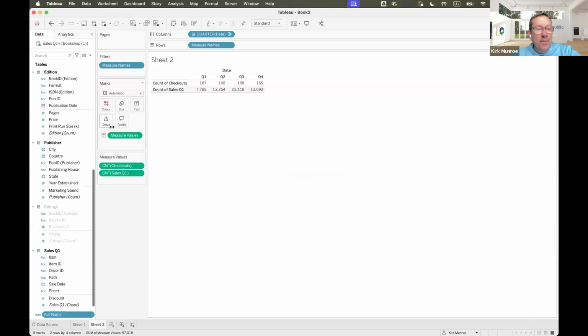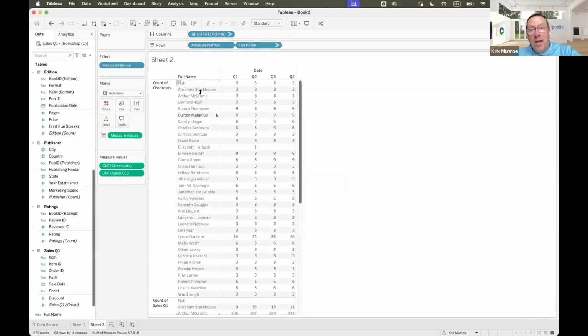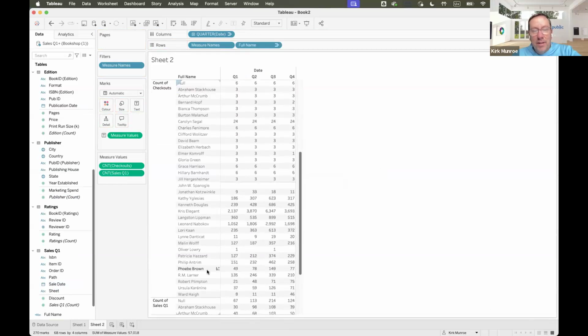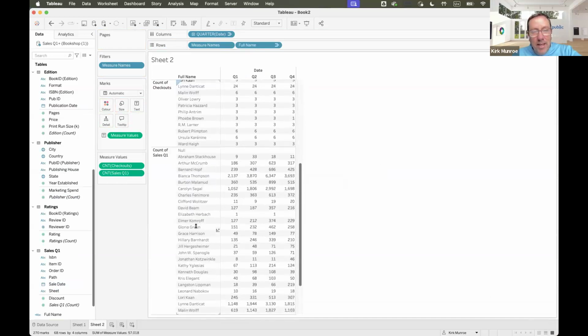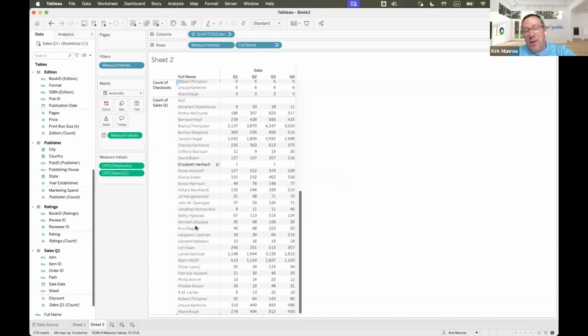So if we did that as full name, which isn't in there, and then we put full name in there, we could see sales by author regardless, though we'd have to dig into why there's a null there. If we have more time to dig around, we can figure out why. Like, there might not be an author. But again, it's pretty easy to even find those nulls now in this way of playing around with it.